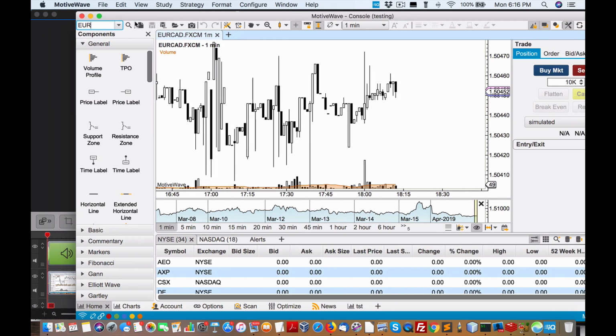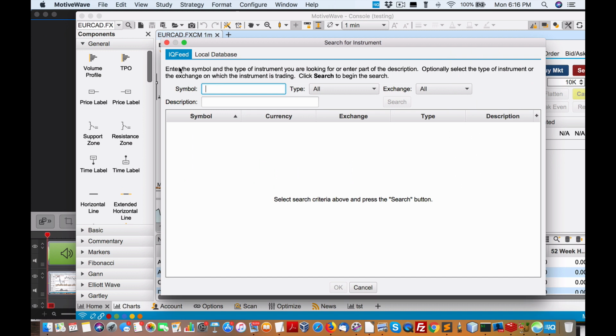I have access to all the Euro and the U.S. exchanges. So this is what I have access to via IQFeed.